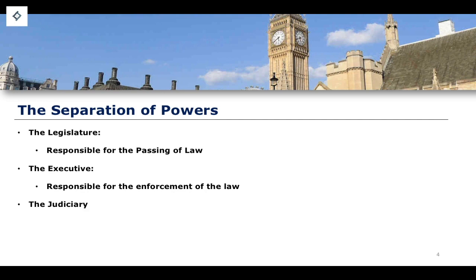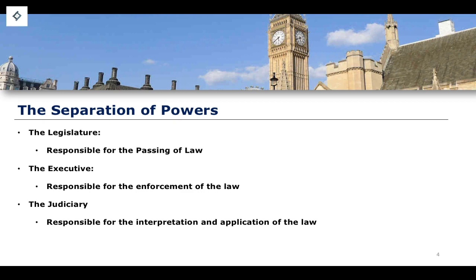The judiciary is of course situated and housed within the various judges and courts that exist in the UK's constitutional setting, the highest of which being of course the UK Supreme Court. There are various other courts of appeal that exist as well within this process, and the judiciary is responsible for the interpretation and the application of the law. They apply the law to facts, they interpret legal precedent, they interpret legislation that has been passed by Parliament.